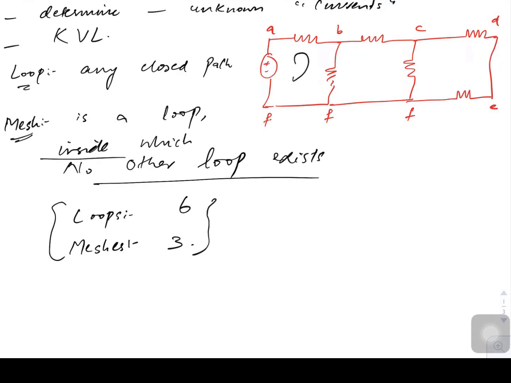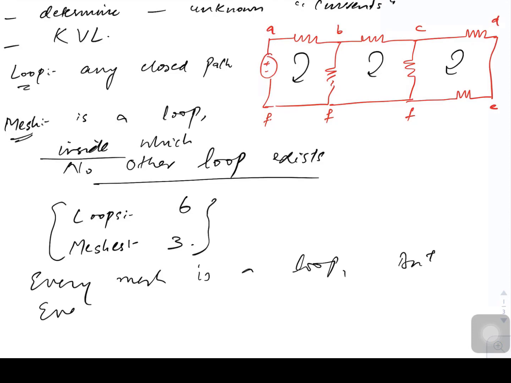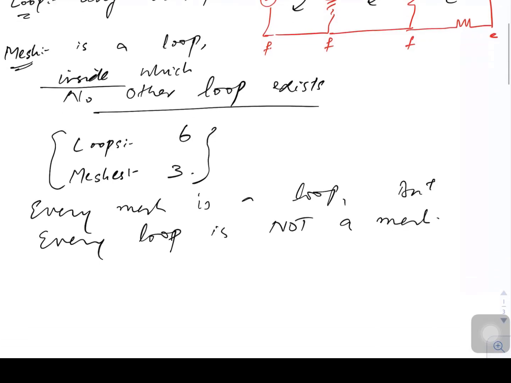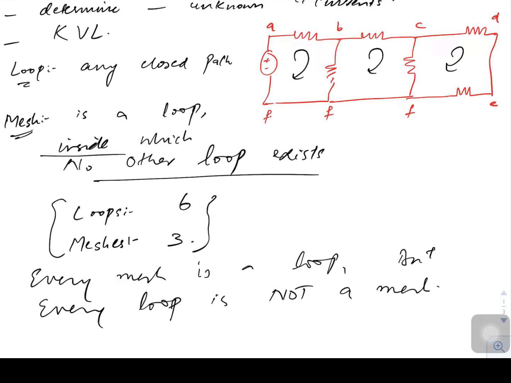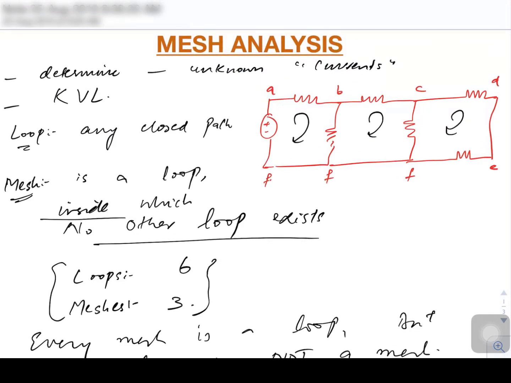Since every mesh is also a closed path, we can say every mesh is a loop, but every loop is not a mesh. Okay, so this is how we have to differentiate.